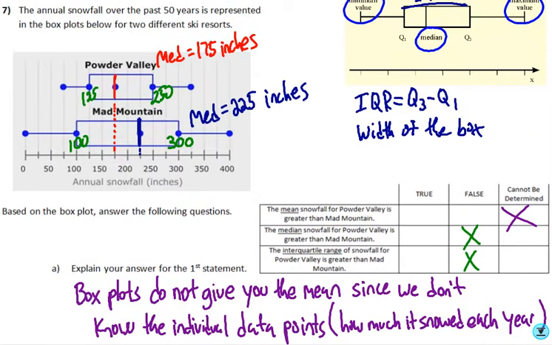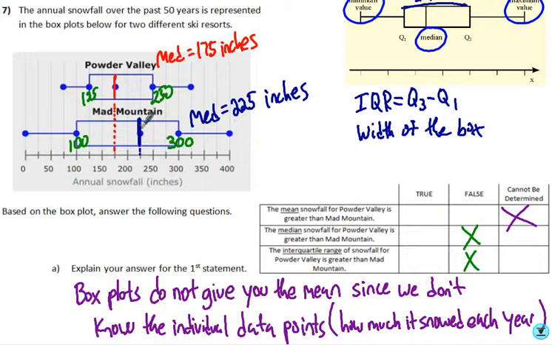Now, who cares? What's the point of this? What this question is after, at least within the context of the snow here, is which one is more consistent. It goes back to the Pizza Hut toppers question, the second question there, which was, which one do you see a wider spread? For Powder Valley, the length of the box is much shorter, as are the whiskers. That means Powder Valley is less susceptible to extreme conditions, where it's either a blizzard or there's no snow at all, which is what happened to Mad Mountain. One year they didn't get any snow, and then one year they got a ton of snow.